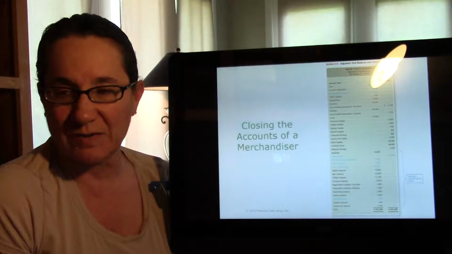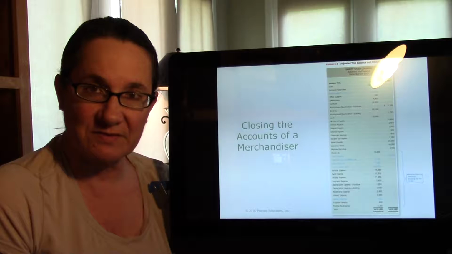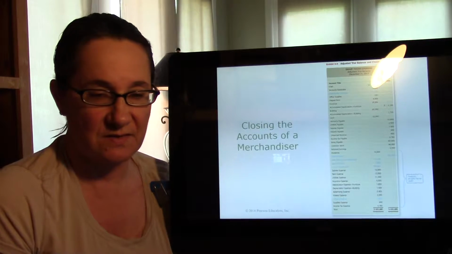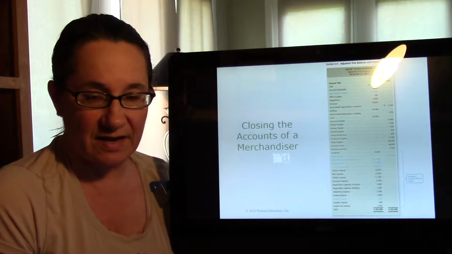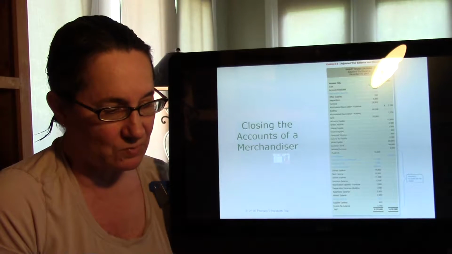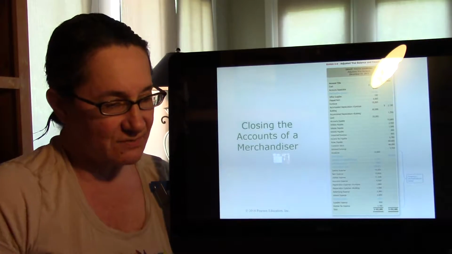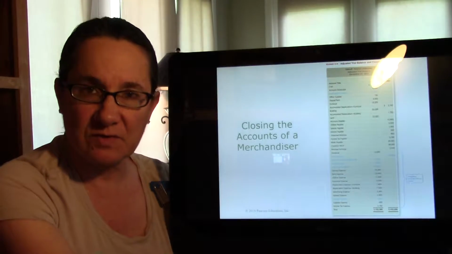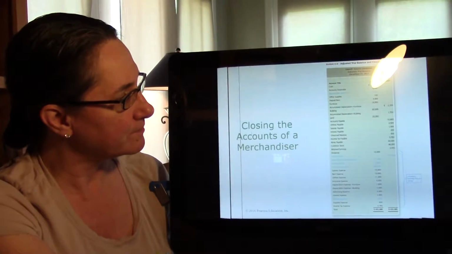A store would still maybe have prepaid rent that becomes rent expense, may have some office supplies that become supplies expense. It may collect on some accounts and have some revenue they didn't have on the books before. So none of that really changes. What is different is inventory, right? Let's face it, that's what's really different about a merchandiser.